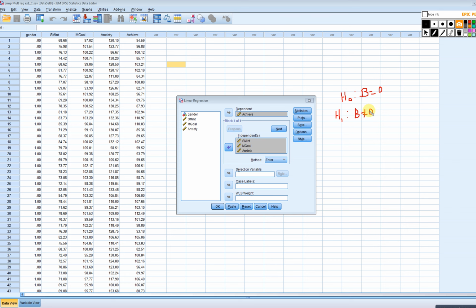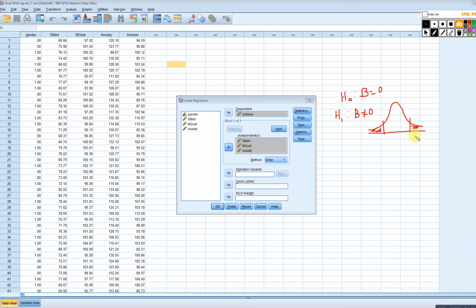Okay, so this is what is called a non-directional hypothesis. When we're testing the regression coefficients with a non-directional hypothesis, we test it using the t-distribution, and essentially it's a two-tailed test, meaning that we reject the null hypothesis if the regression coefficient we observe in our data takes us into the upper or lower tail of the sampling distribution.